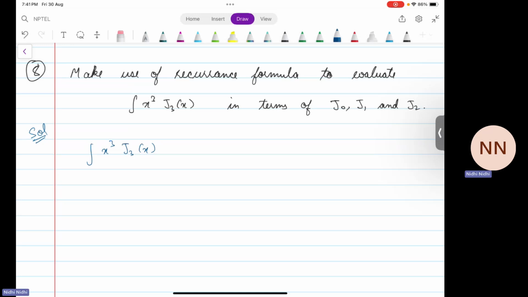To come back to lower alphas, that means to J0, J1, J2, we want this J3 to be something of the form d by dx of some x times J2x.